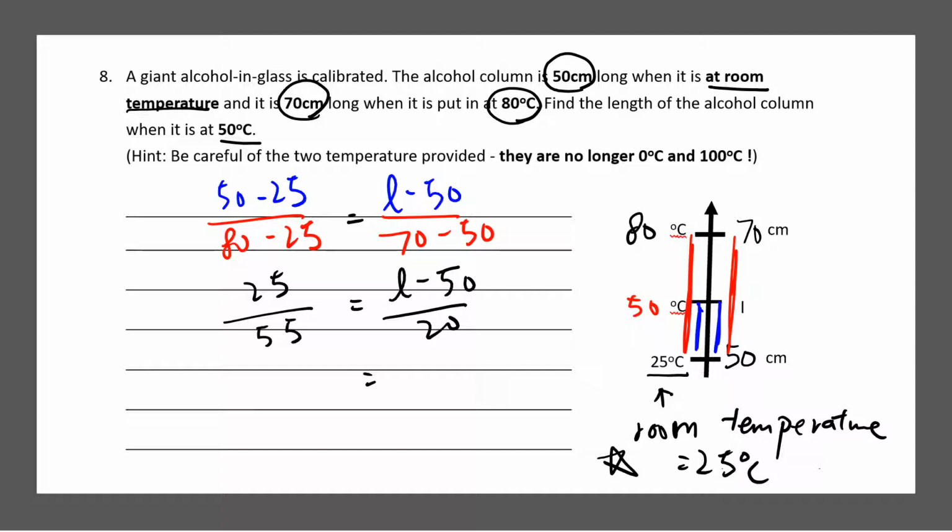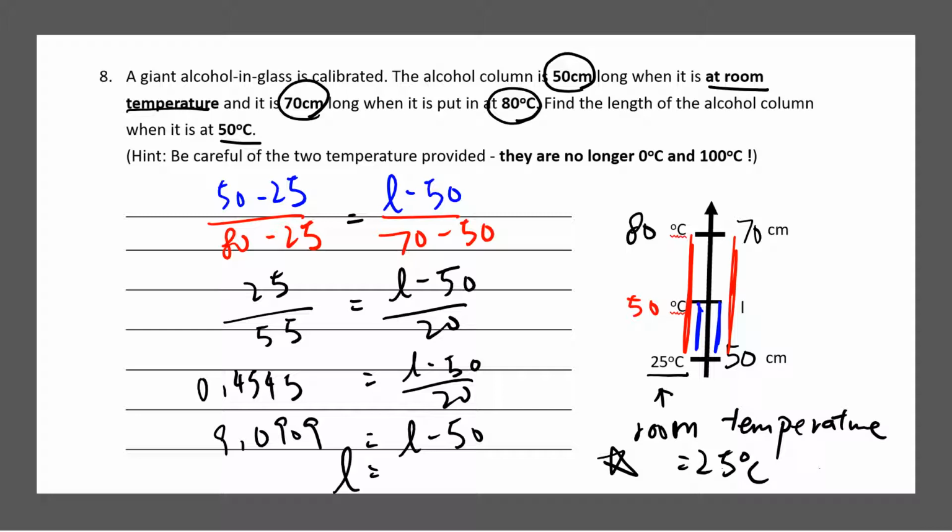So 25 over 55 equals 0.4545, and L minus 50 over 20, so then times 20, and you get L minus 50 equals 9.0909, and then plus 50, and you get L equals 59.1 cm. So that's how you find the answer. Let's move on.